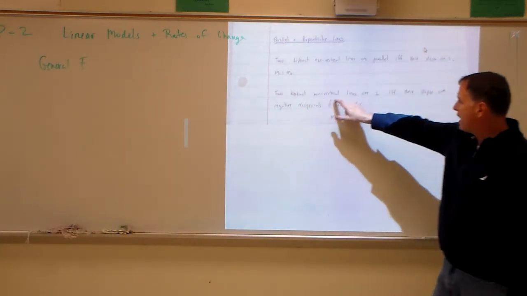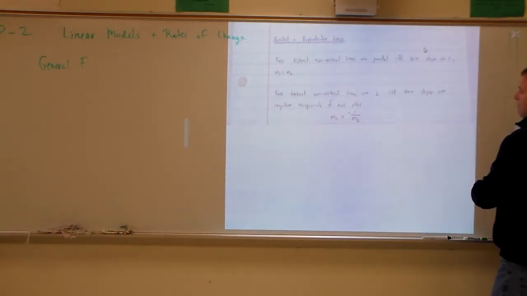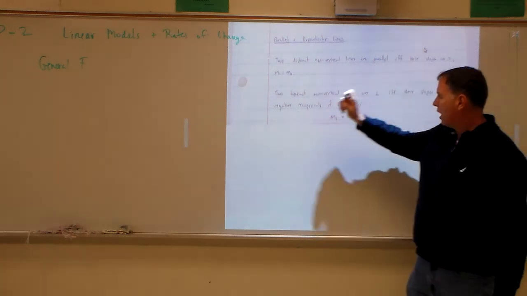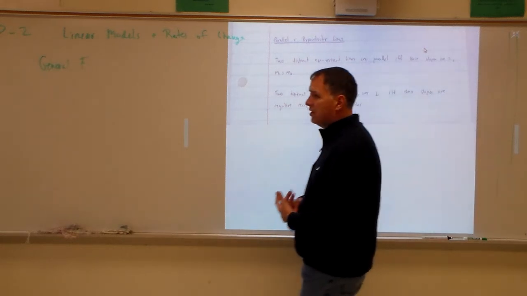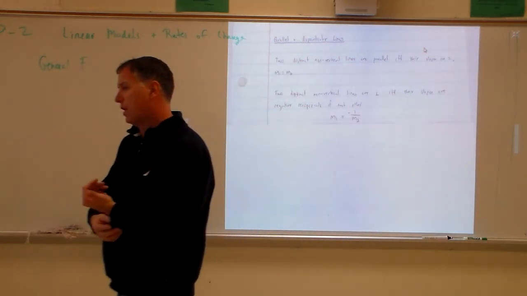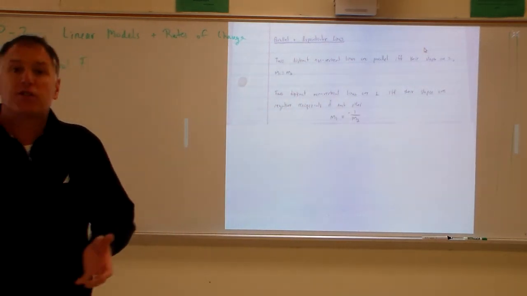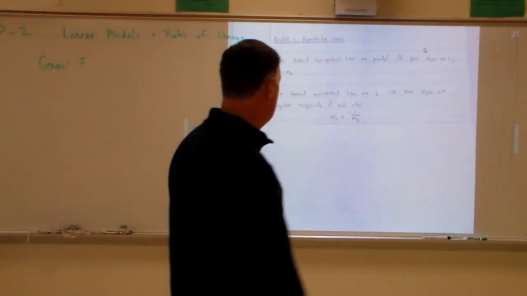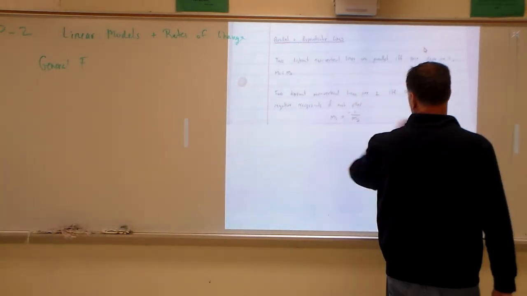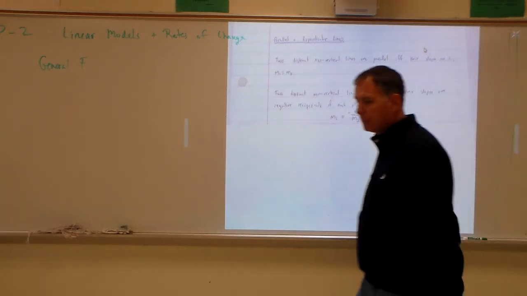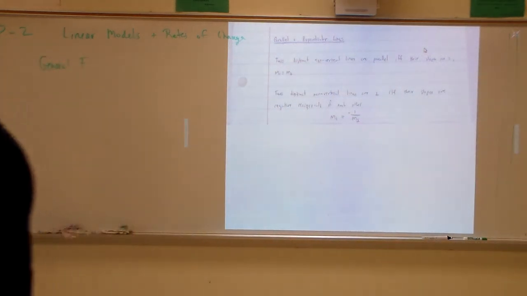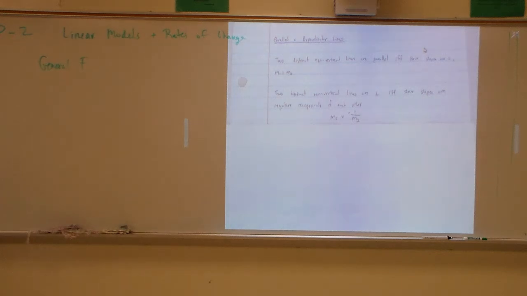Two distinct non-vertical lines are perpendicular if their slopes are negative reciprocals of each other. So if one's 5, the other one's negative 1/5. If one's negative 2/3, the other one's 3/2. So that is parallel and that is perpendicular. Now we are going to have some problems that go along with that.